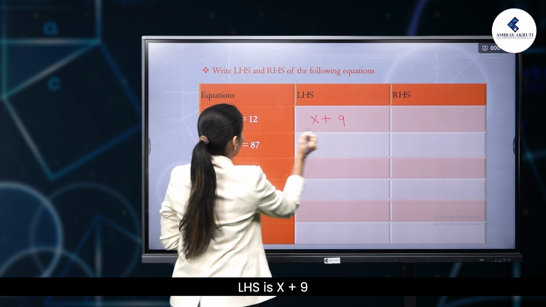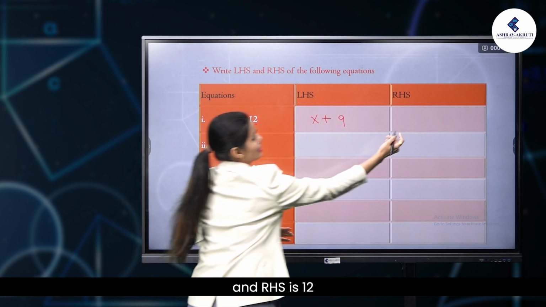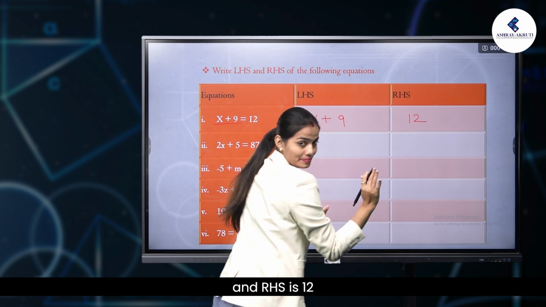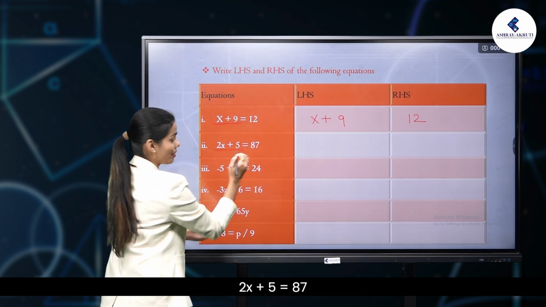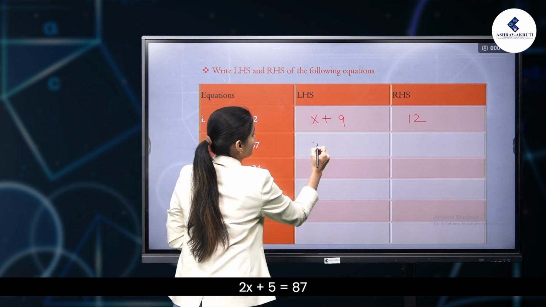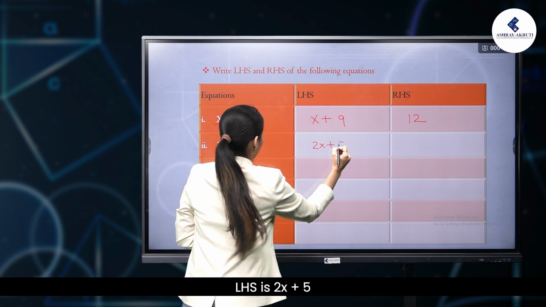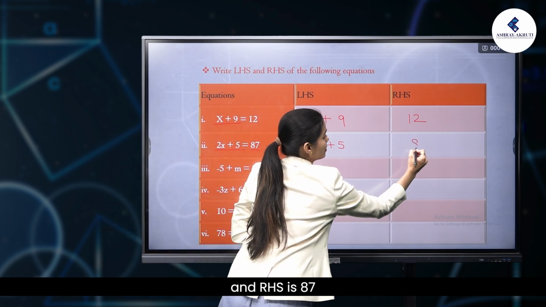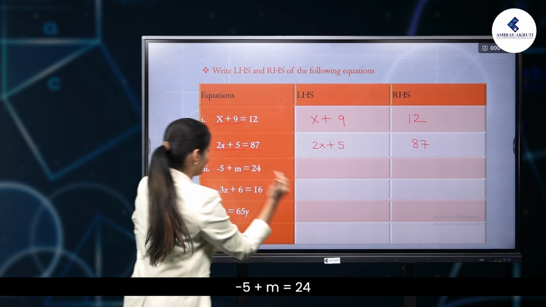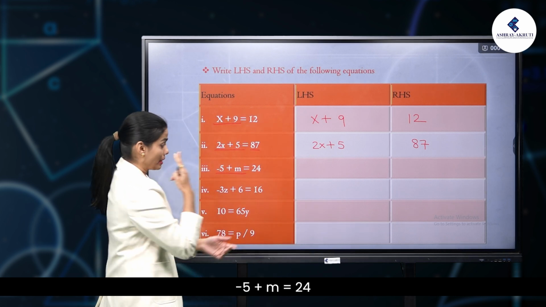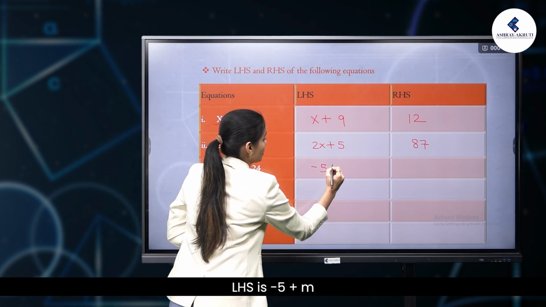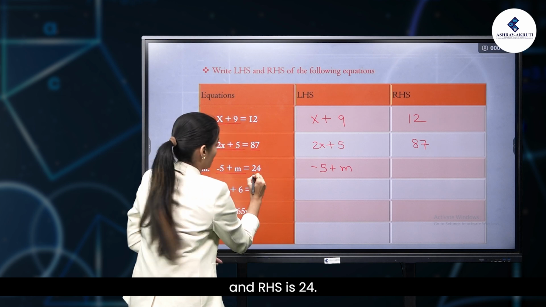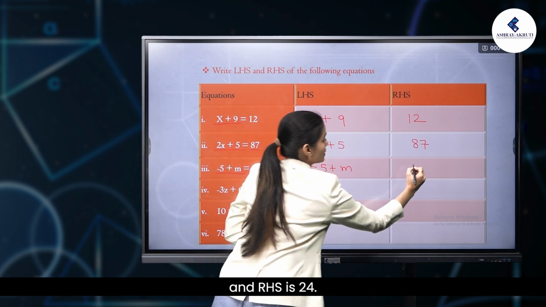LHS is x plus 9 and RHS is 12. 2x plus 5 is equal to 87. LHS is 2x plus 5 and RHS is 87. Minus 5 plus m is equal to 24. LHS is minus 5 plus m and RHS is 24.